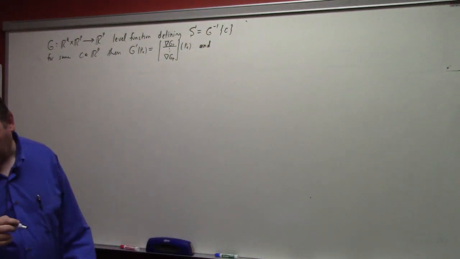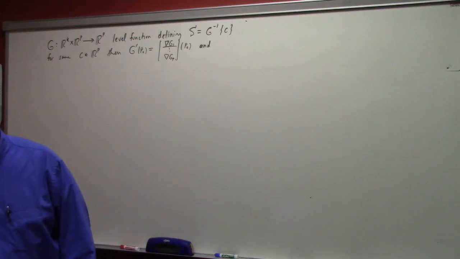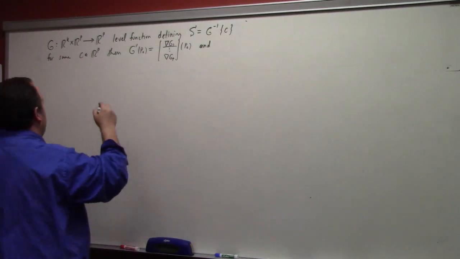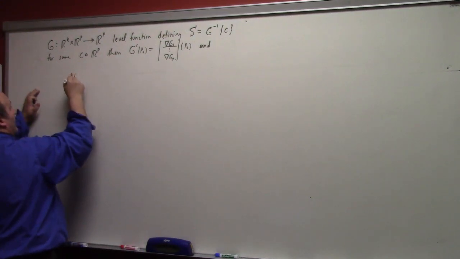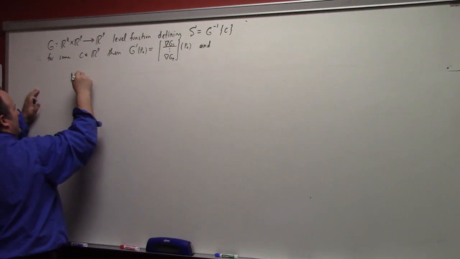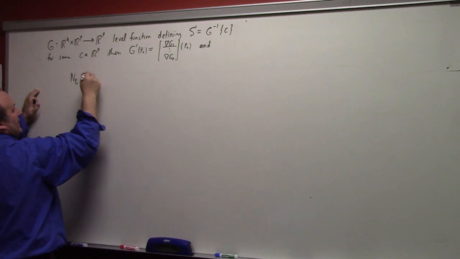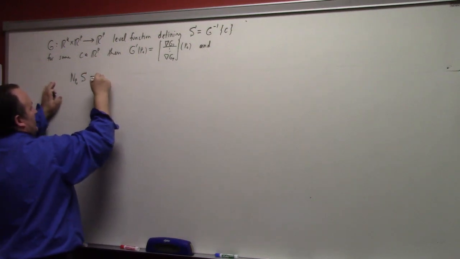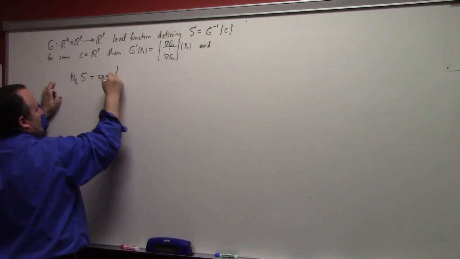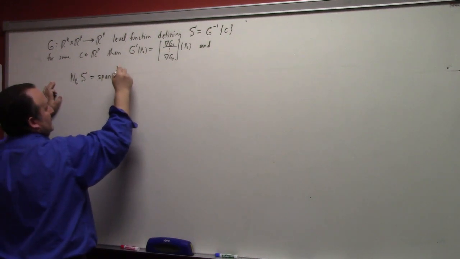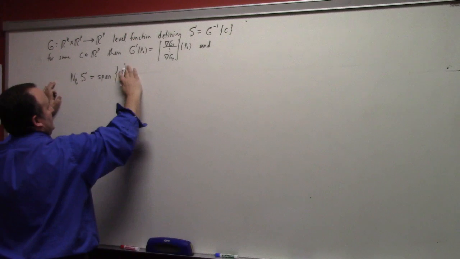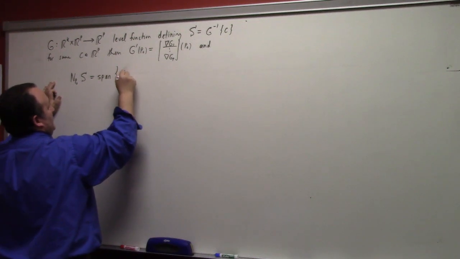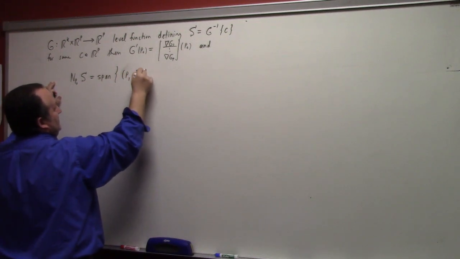And so just getting to the point, we can write the normal space at P naught to S as, well, one way we can write it is simply the span of P naught comma gradient of G sub i at the point P naught, such that i equals 1, 2, through p.